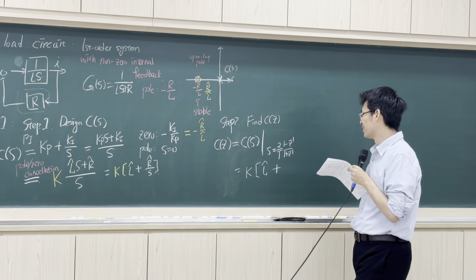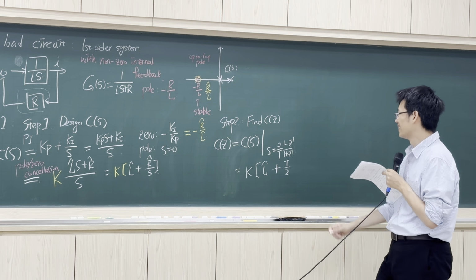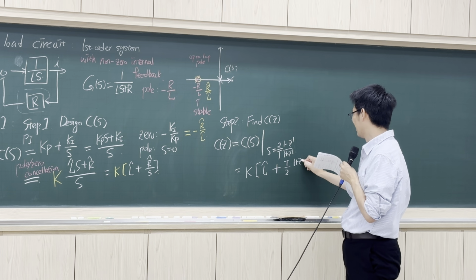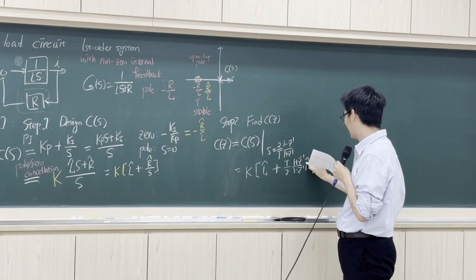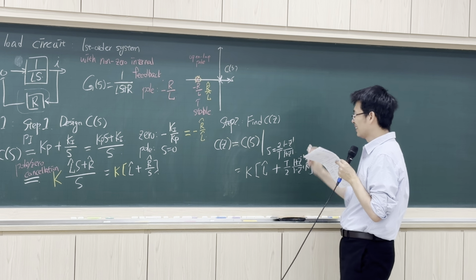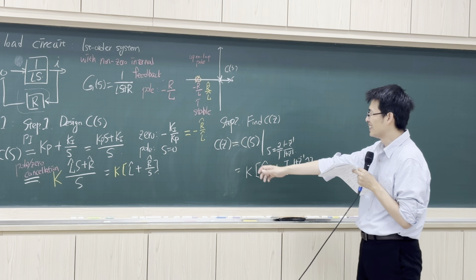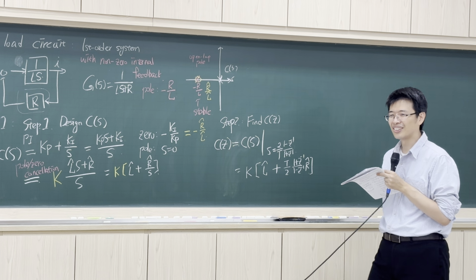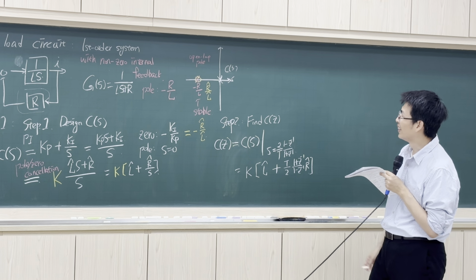So for the integral controller, you can write this by inverting this function, (1 plus z^-1) over (1 minus z^-1), over R. Okay, so this is the controller we design in the Z domain.